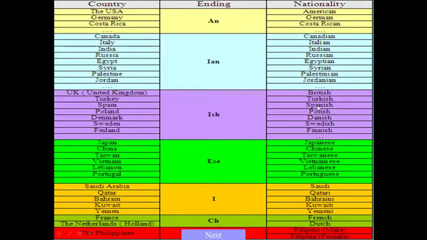Spain, Spanish. Poland, Polish. Denmark, Danish. Sweden, Swedish. Finland, Finnish. Okay? And not to confuse Finnish with the word finish as in to end something, okay? This has double N in it, okay?